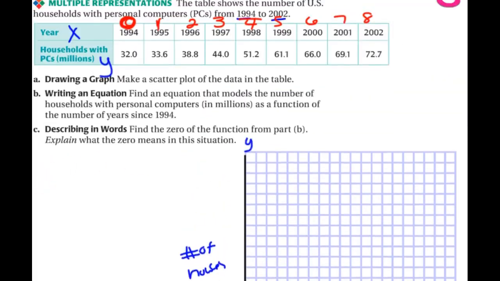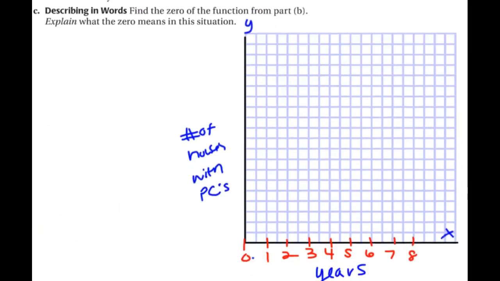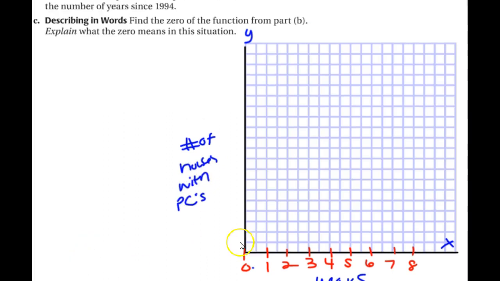And then on my y-axis, I need to go from about 30 to about 70. So I'm going to go by fives, and only label every other line, just so that I don't have a whole bunch of numbers crammed together.